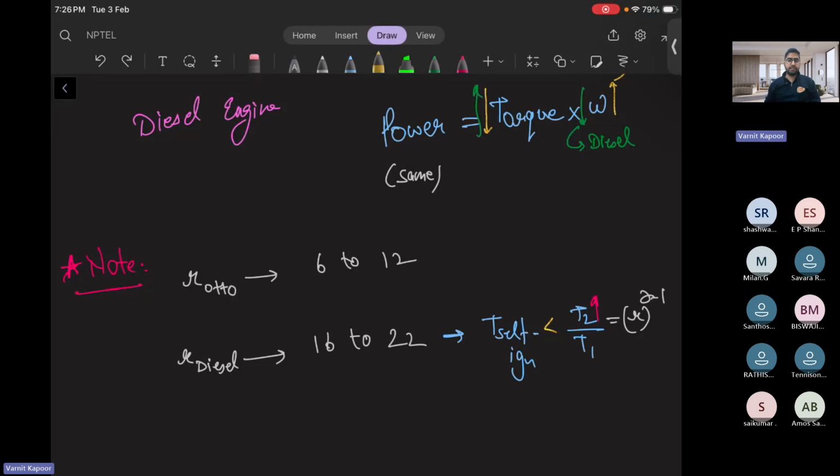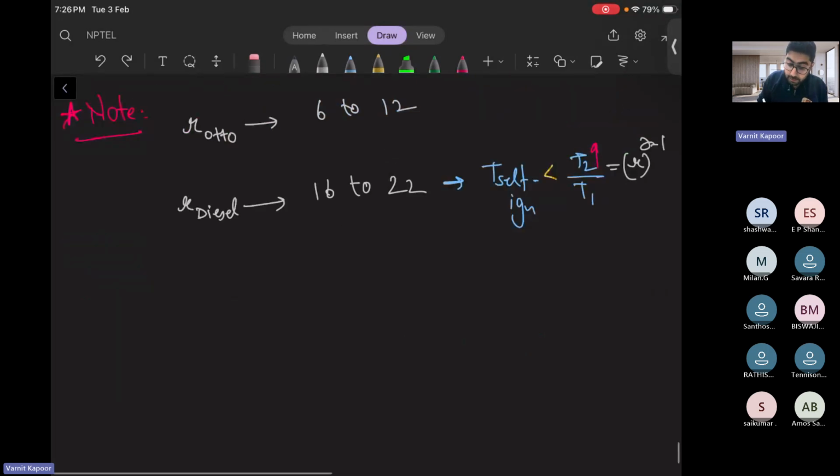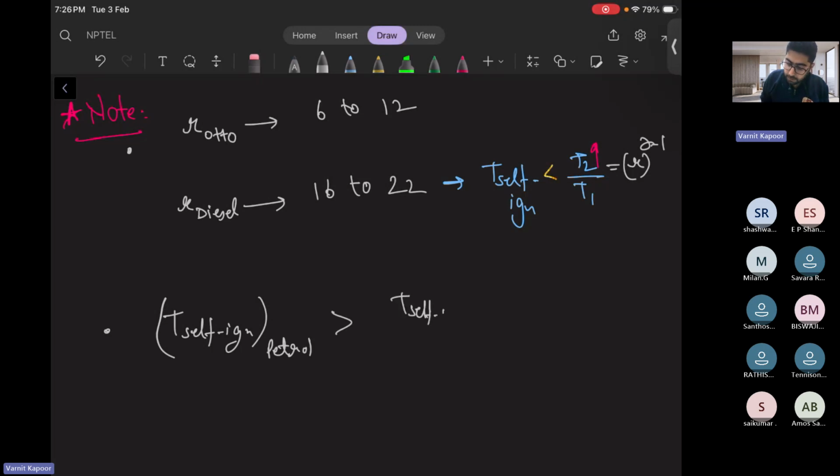So the fuel can burn itself without any spark provided. So we can say that the self-ignition temperature of petrol is much greater than the self-ignition temperature of diesel. That's why you need an external spark plug for petrol.